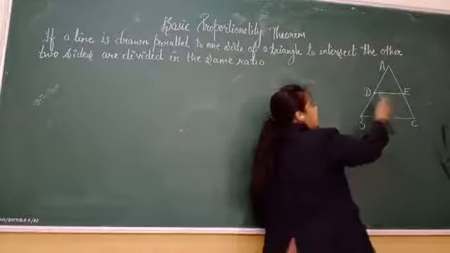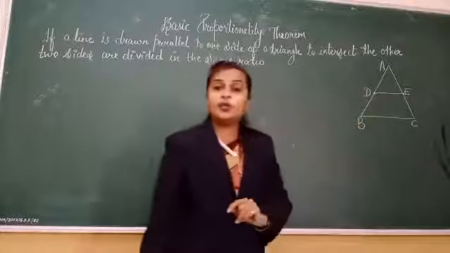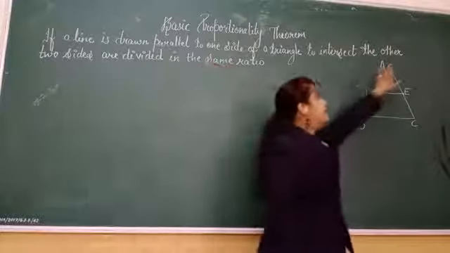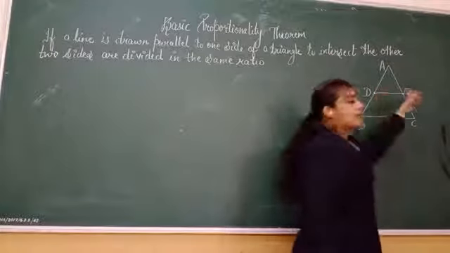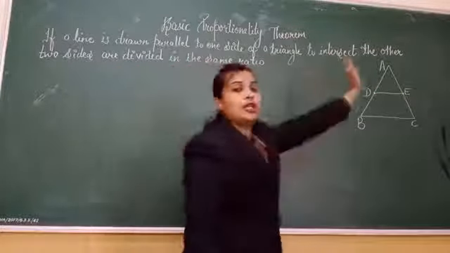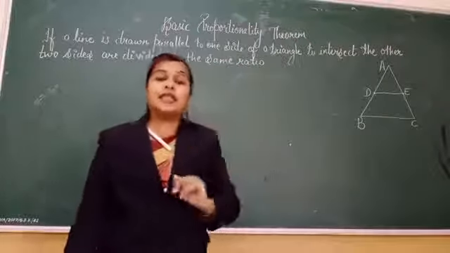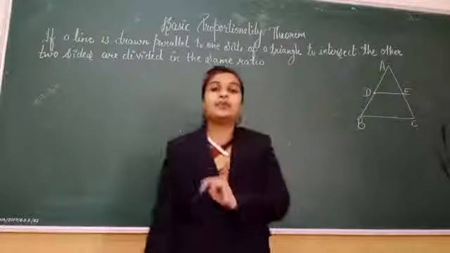Here, this line says that this parallel line DE, which is parallel to BC, intersects the other two sides at two distinct points and divides them in the same ratio. Then these points divide both the sides in the same ratio.